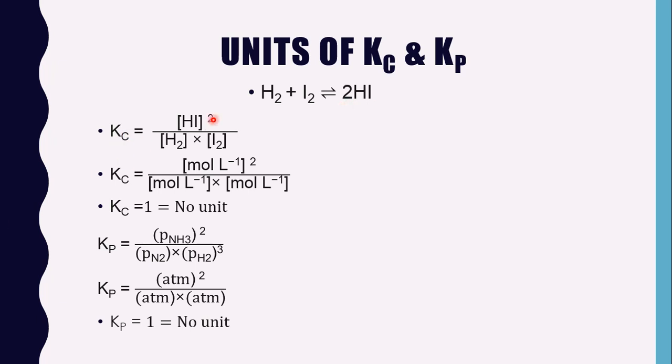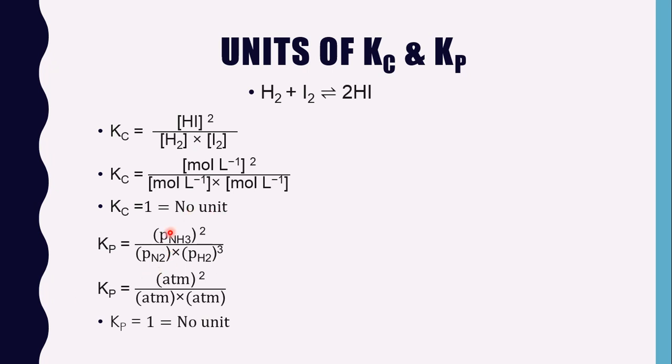Here Kc equal concentration of product divided by concentration of reactant. If you put the unit of concentration, then you will get Kc equal 1. That means for this reaction Kc has no unit. Or if you put del N equal 0 in the concentration unit, that is concentration to the power del N, concentration to the power 0, you will get 1, that is no unit.